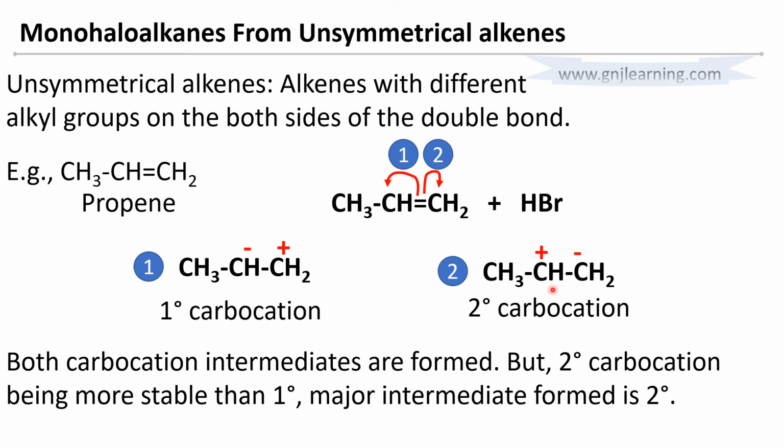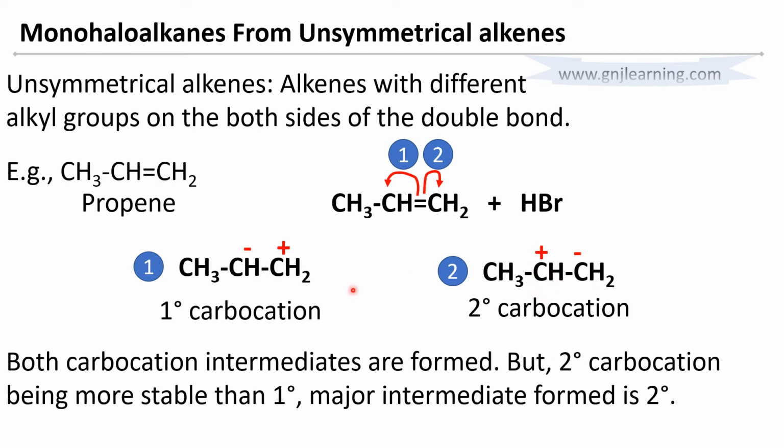So what happens? There will be both intermediates. Among them, secondary will be the major intermediate formed. Clear? Now, since both are present in the solution, both intermediates will be present in the solution. Now HBr, if it is moving, in the second case, H will move towards CH3 and Br will be binding on the secondary carbon.